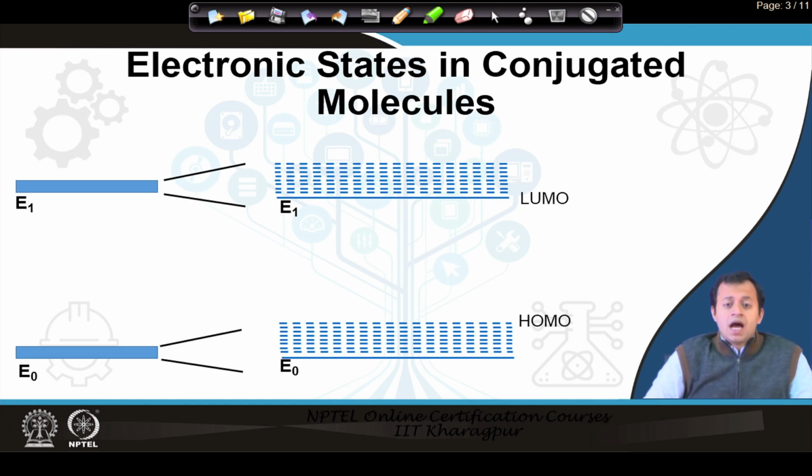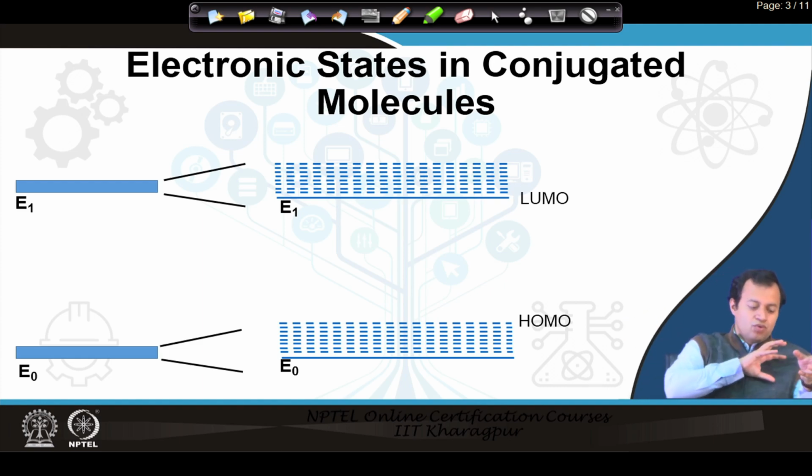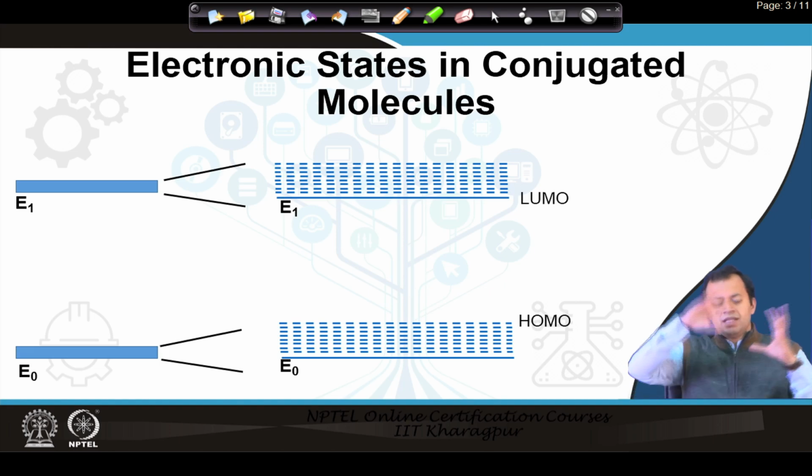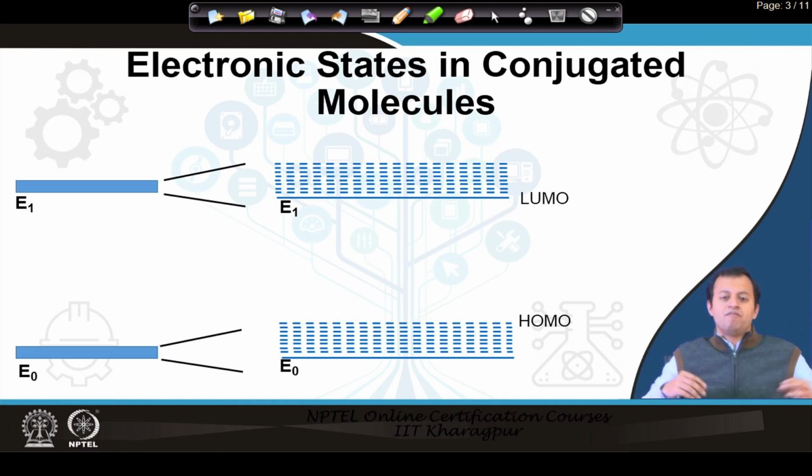What do I mean? I mean that you have a particular molecule, that particular molecule has a molecular orbital. Then you have another molecule coming closer to it, another molecule coming closer to it, and as such infinite number of molecules have joined together, weakly so, but they have come very, very close with respect to one another.